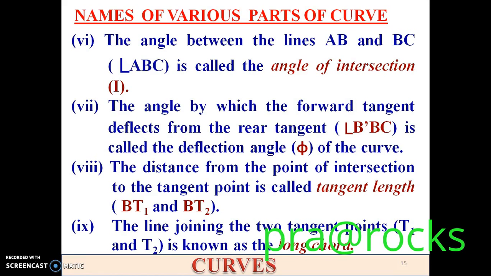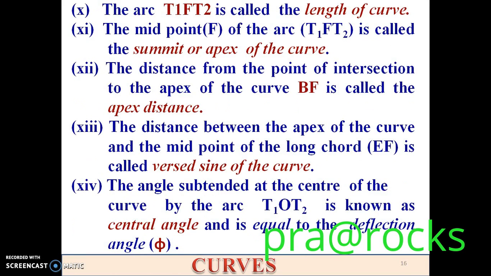The distances from the point of intersection to the tangent points, BT1 and BT2, are termed the tangent length, and the line joining the two tangent points T1 and T2 is known as the long chord. Then arc T1FT2 gives the length of the curve, and F is termed the summit or apex of the curve. BF is termed the apex distance, and EF is termed the versine of the curve.